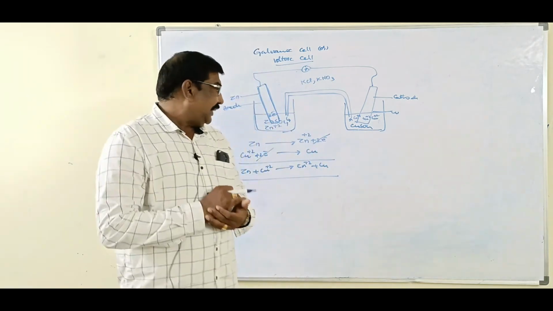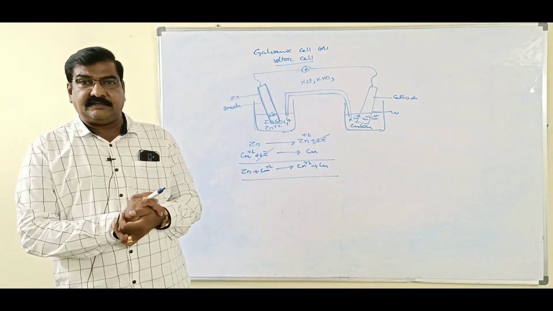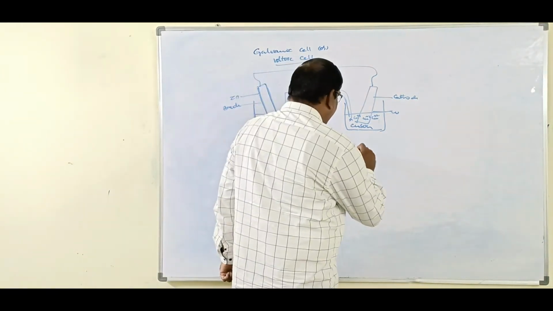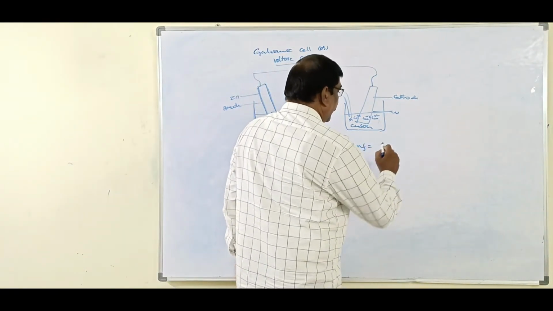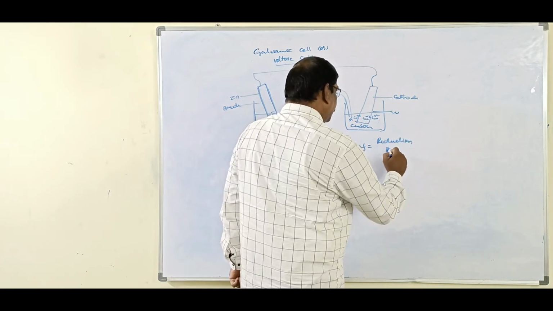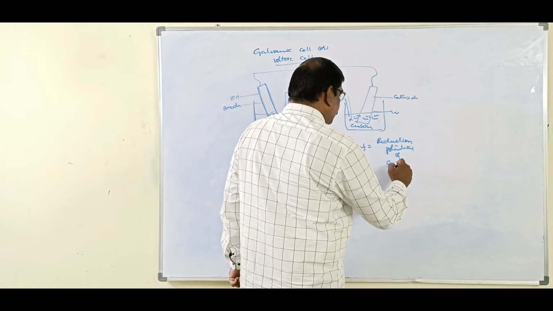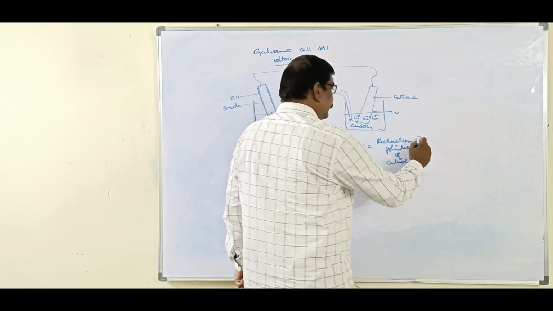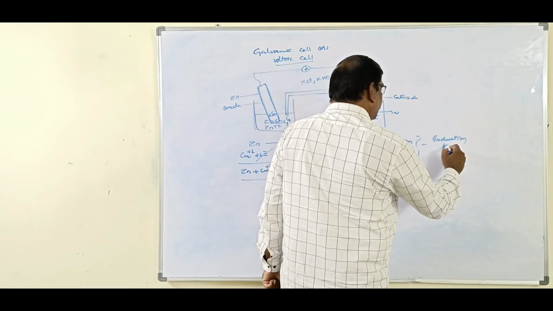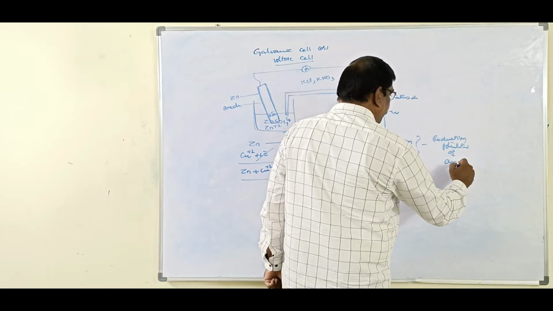How is the electric current produced by this galvanic cell calculated? For this, there is a formula: EMF equals reduction potential of cathode minus reduction potential of anode.